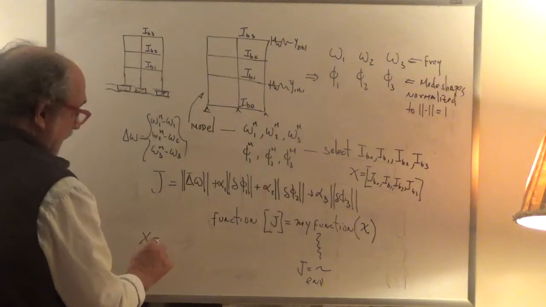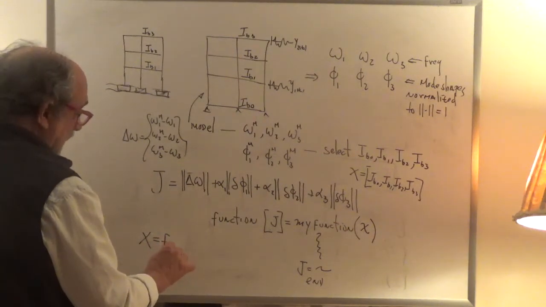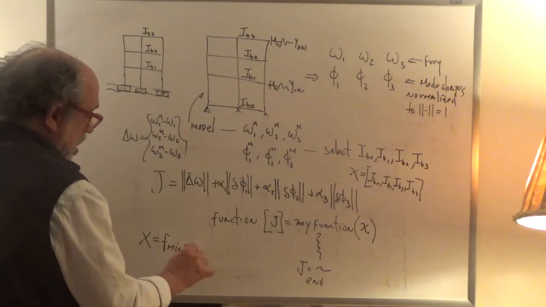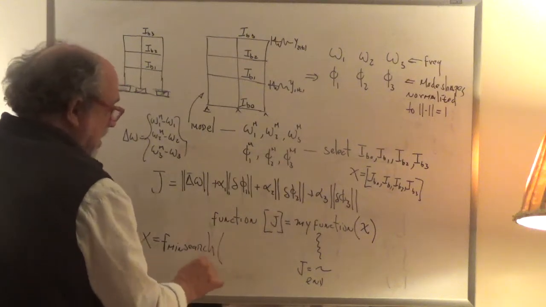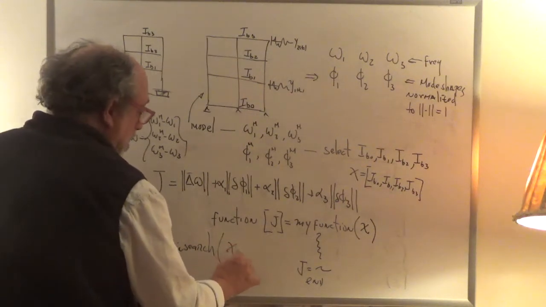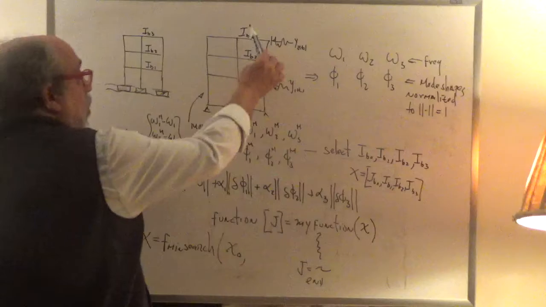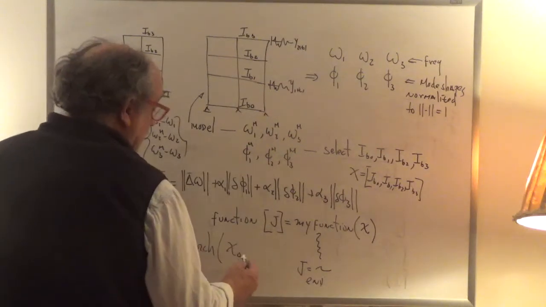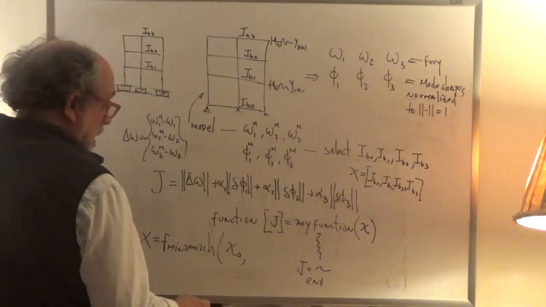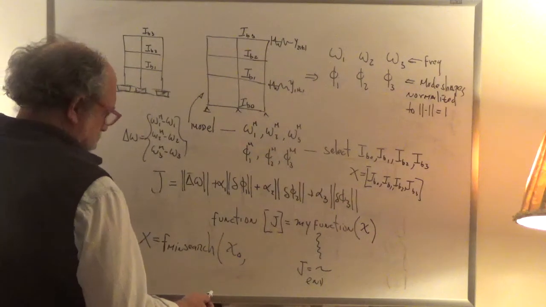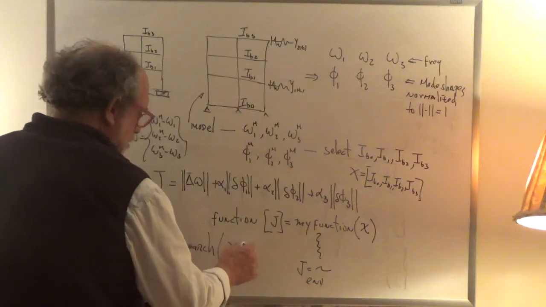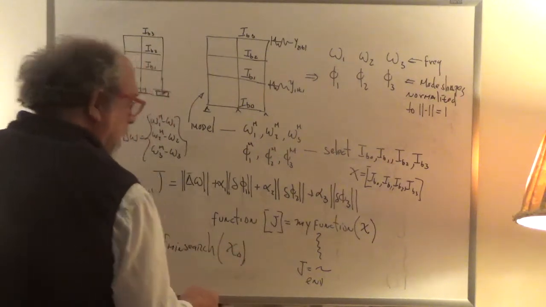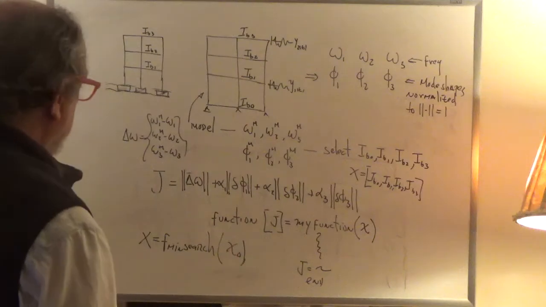So we would say x equals fminsearch, and then we say start with some x0, which is our guess of what these values are. We don't know, we put whatever. And then, is there anything else? No, I think that's it, right?